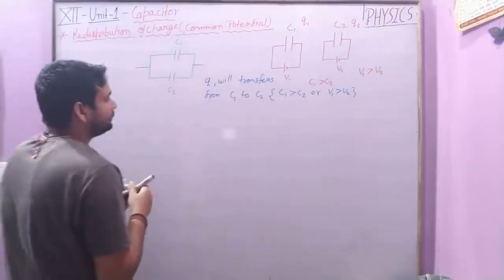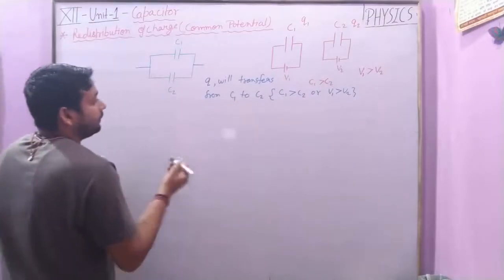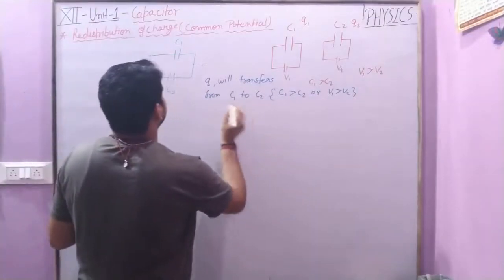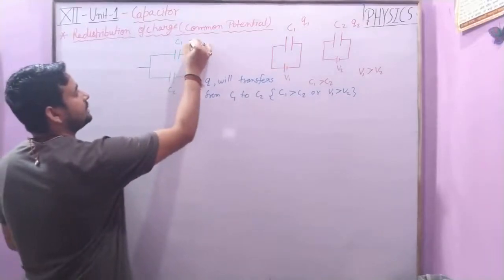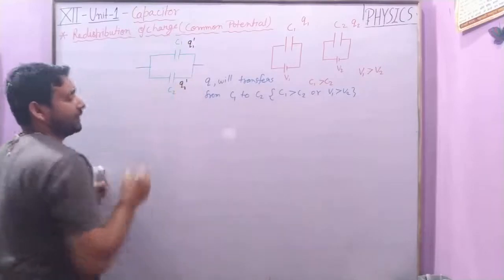Okay, now for the next situation, let's consider that they acquired charge Q1 dash and charge Q2 dash.